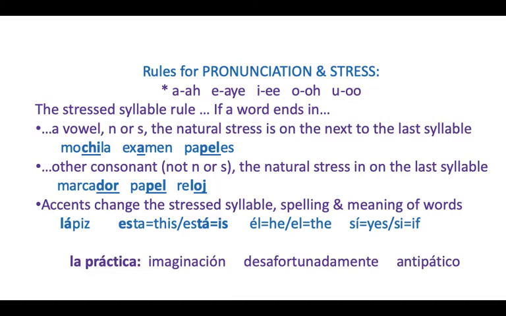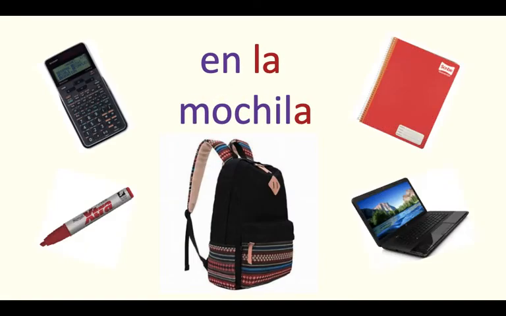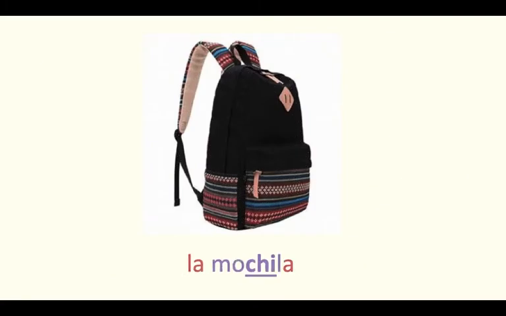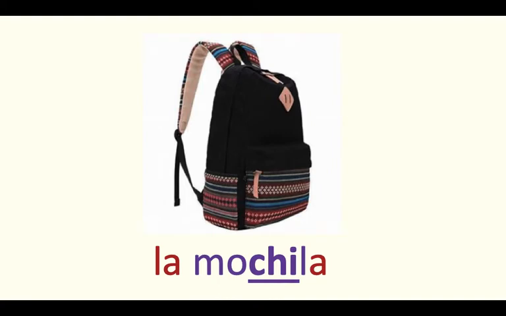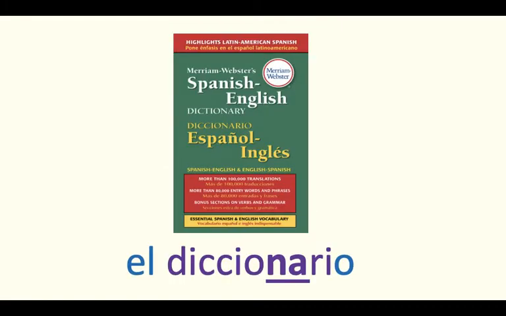Please repeat each word two times. Start to form the muscle memory of saying the word and the memory of listening to yourself speaking. Repita, en la mochila. In the backpack. La mochila. Backpack.